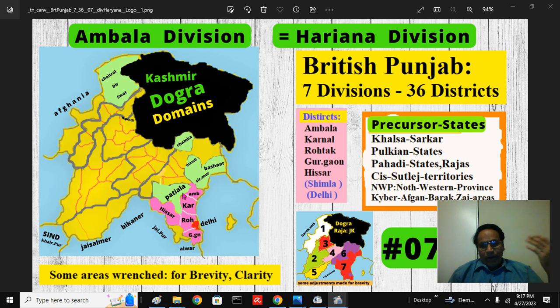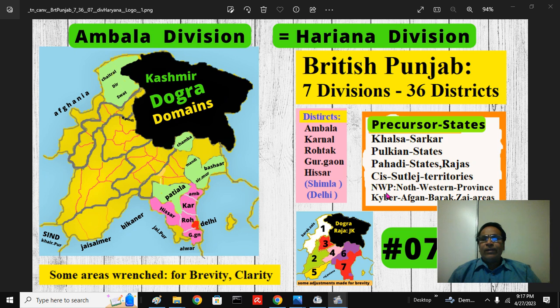Once you cross Satluj from Ludhiana into Jalandhar, Nakodar and so on, Phillaur, those are trans Satluj territories; trans is across. Then we have the northwestern provinces, the name of this region at the time, not the frontier. The Frontier, later called Sarhad Suba, was a very different thing.